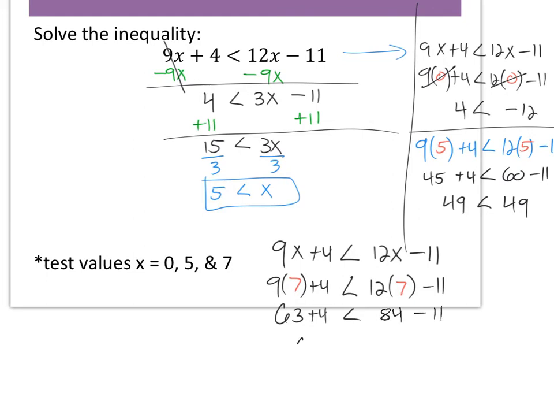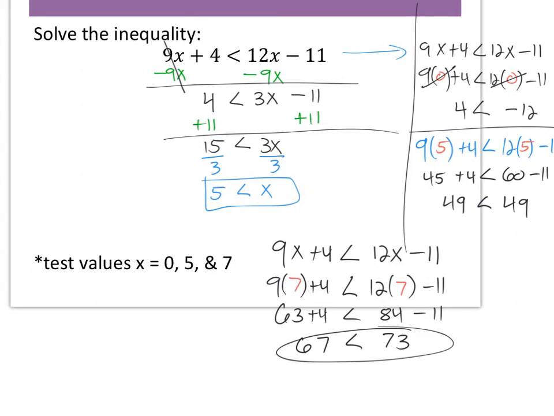So we get 67 is less than 84 minus 11 is 73. Hey, look, this ends up being a true statement, and it's because the x value was in that range.